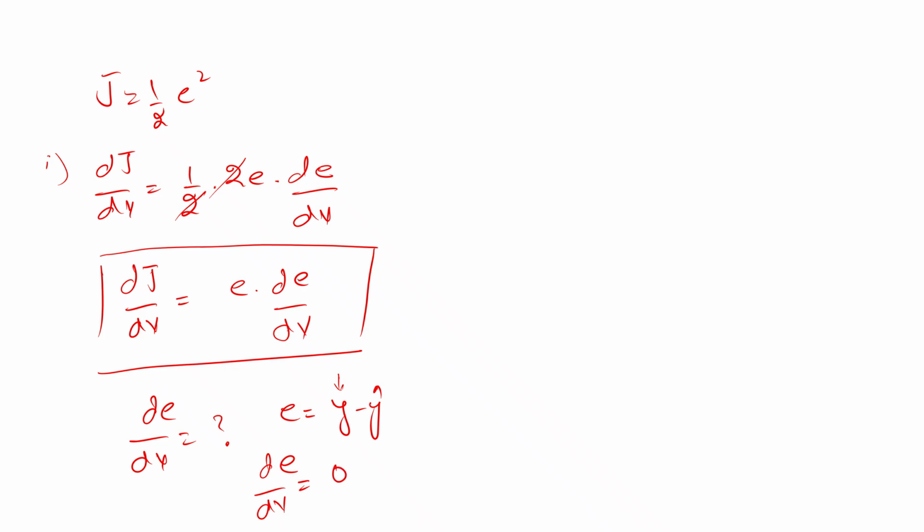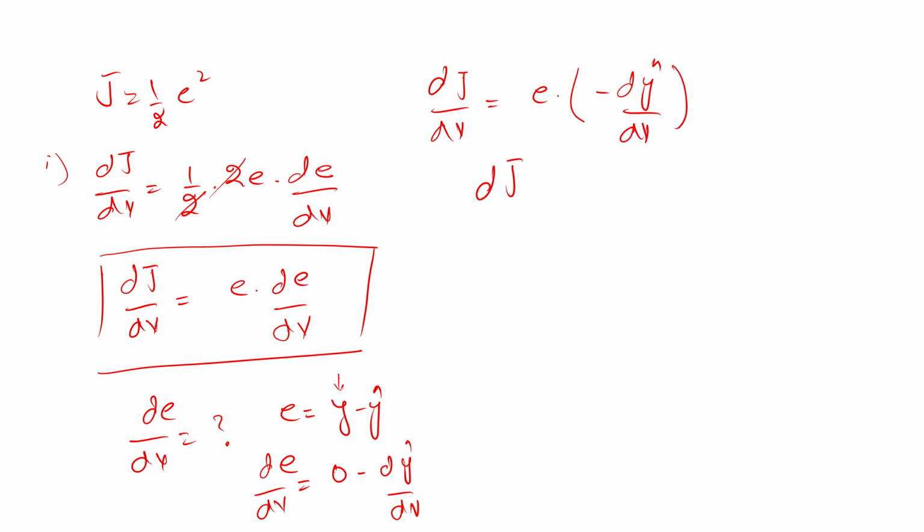So this will become 0 minus dy hat by dv. Okay, so I can write the derivative of the loss function with respect to output weights like this: minus E times dy hat by dv.